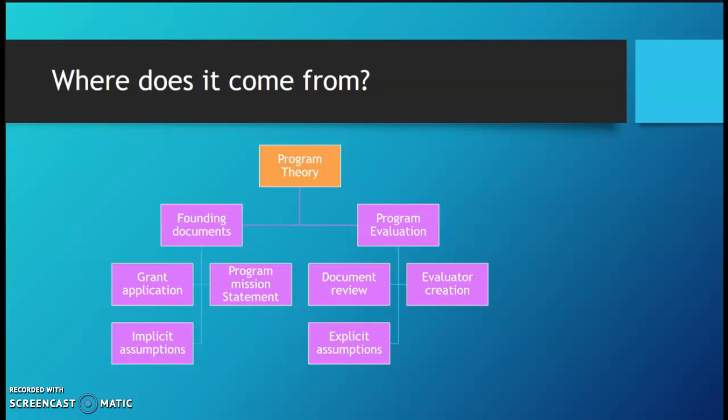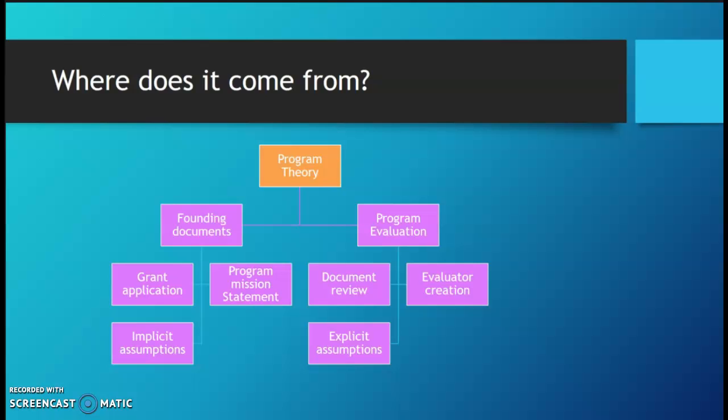They will do interviews. They will meet with clients. They'll collect data, and then they will create a document that outlines the program theory. So sometimes it's not there. You have to use your really good social work skills to observe and infer, particularly those explicit assumptions, and create explicit assumptions. So some of this information will be there for you when you arrive as the evaluator, but some of it won't exist until you create it as the evaluator.